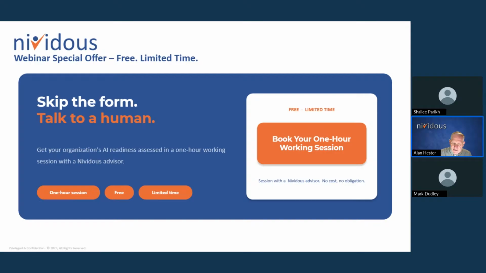So the intention is to make it easier for more people to do this. This is something that we're offering for free as part of this launch. You can go to the AI Navigator site and set up a time. There's only a limited number of hours available because we only have a set number of people dedicated to leading these sessions.